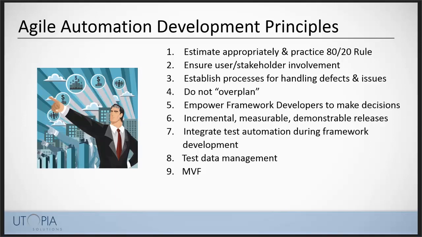Other questions? Are there ever times that Agile is not the right implementation approach for automation? Well, I would probably say if you're in the middle of building something, you don't want to just stop and switch to Agile. Be aware that, if you change methodologies, it's going to impact the team.